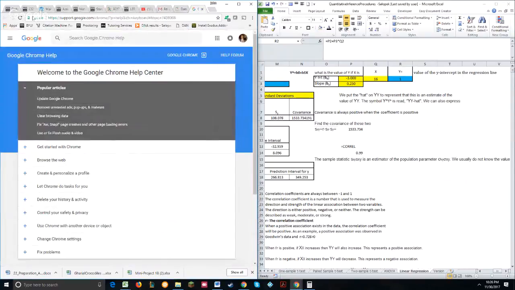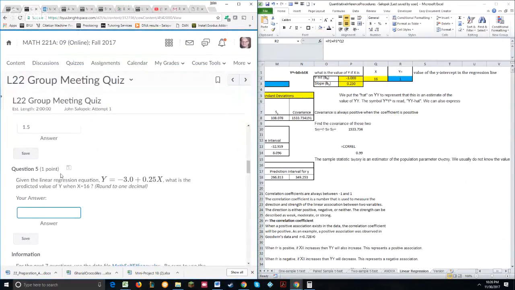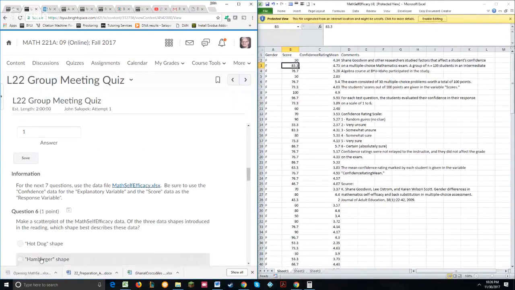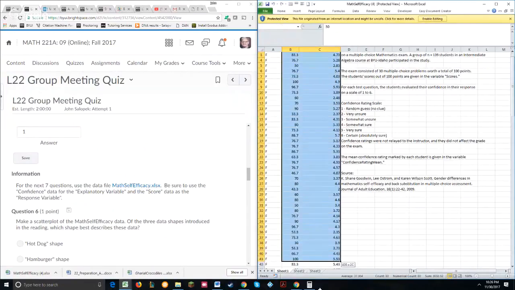Should use the confidence data. All right, use the math self-efficacy. Okay. 4. Confidence rating.